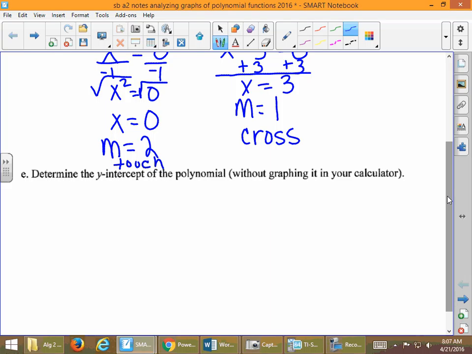Next, it says determine the y-intercept of the polynomial without graphing it in your calculator. In order to find the y-intercept without graphing, what we have to do is let x equal 0. There are a lot of reasons why we don't necessarily need to multiply to put it in standard form, and it's not that difficult to do in this particular case.